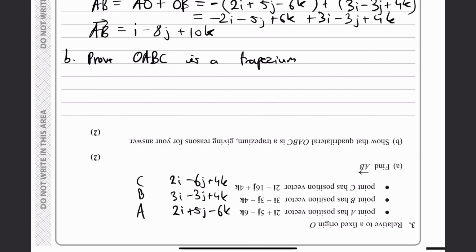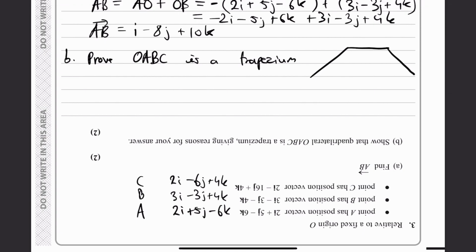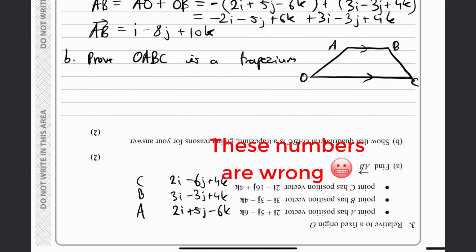So basically we've got AB, and if we can prove OC is parallel to that, then that would be a trapezium. We're given OC is just 2i minus 6j plus 4k.